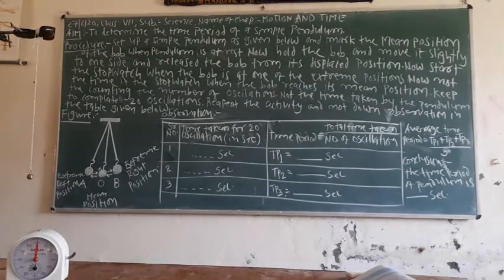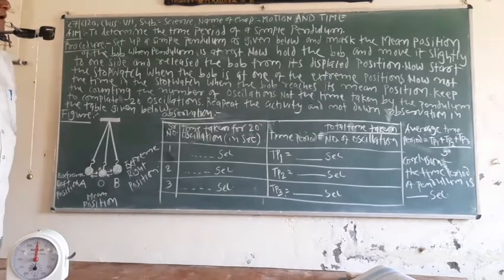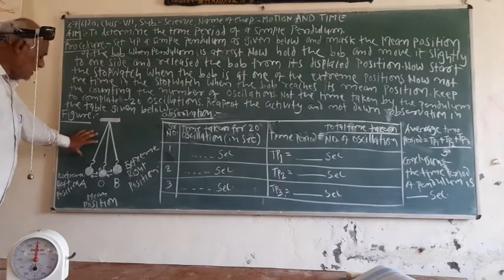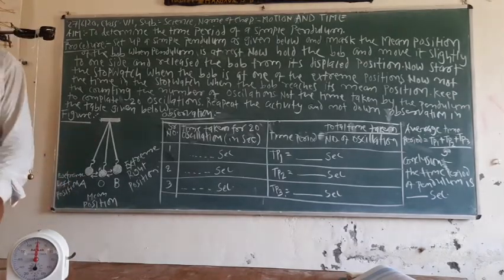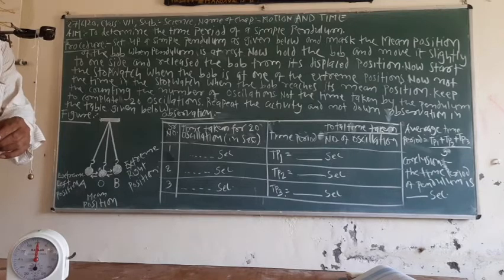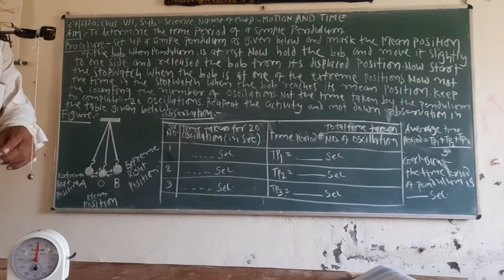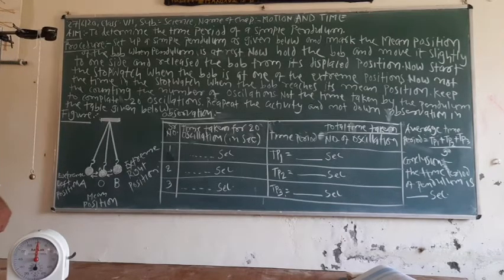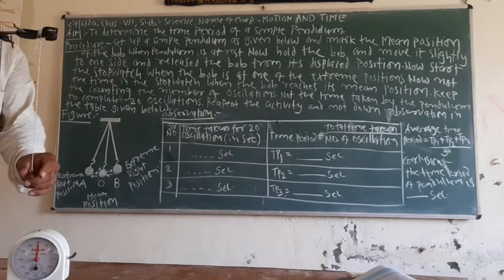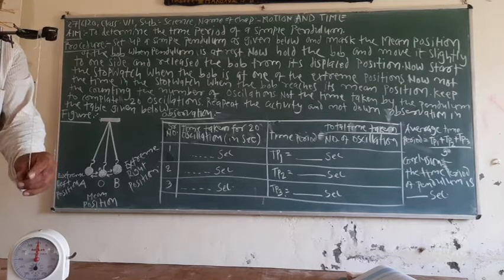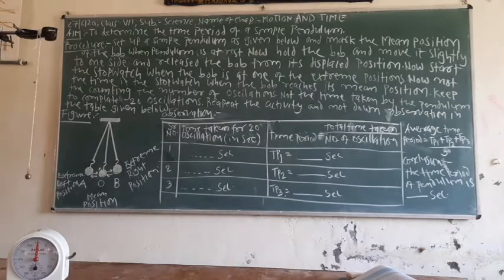The procedure: we set up a simple pendulum as given in the figure, as you see the simple pendulum set up on your screen, and mark the mean position. The pendulum is at rest position, that is, at its mean position.